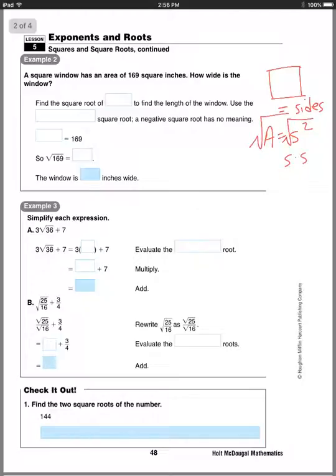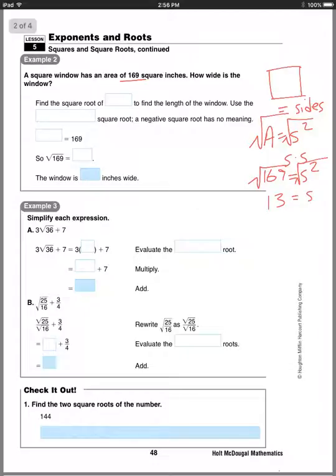So, if the area is 169, we can put 169 in for the area equals side squared, and we can square root both of those because, again, to undo a square, you square root, and the square root of 169 is 13, and the square root of s squared is s.